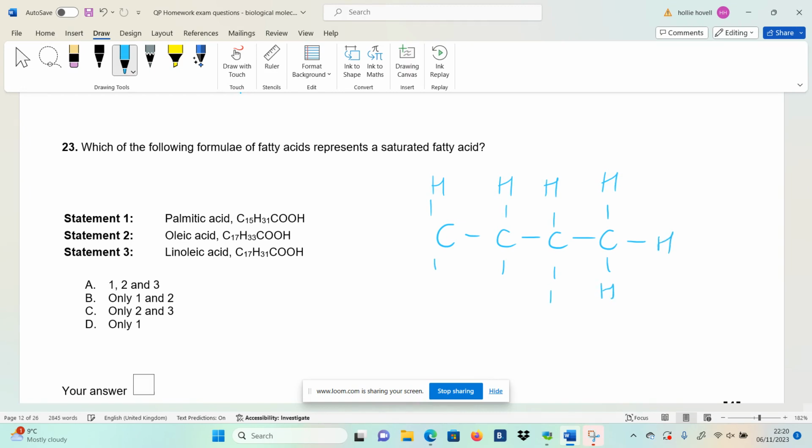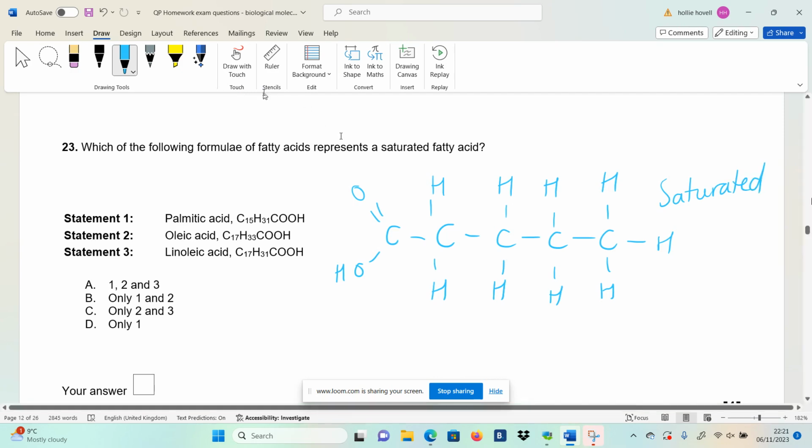It could not hold any more hydrogens. Now, the other end of your fatty acid is carboxylic acid, so C, double bond O, H. But this is the bit that gets saturated or unsaturated. So this one here is saturated, because it's all got single bonds.